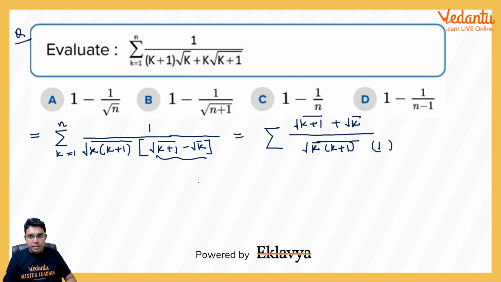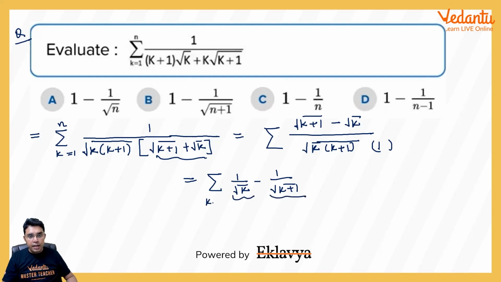Once again, I think I have made one mistake. Yes, here it will be minus. Actually, here it was plus. So here it will be minus and here we will get 1. So you can write this as summation 1 upon root k minus 1 upon root k plus 1. Same thing. This is V of k, this is V of k plus 1.